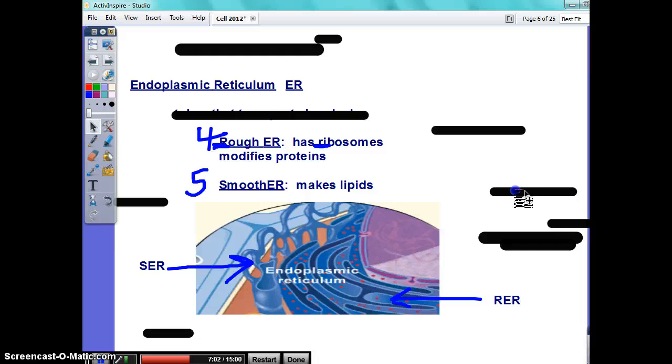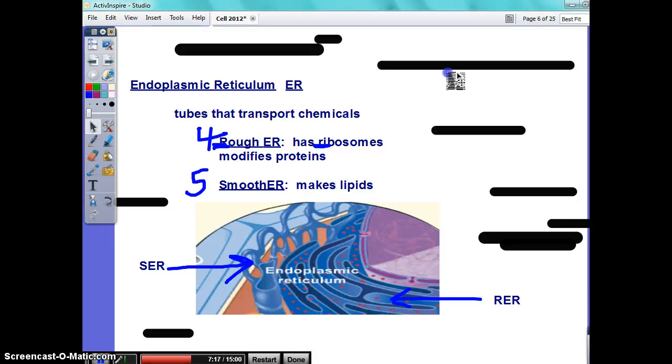What does it look like they're going to do? When you see their shape, what does it look like they are? What does their shape look like? They transport stuff around the cell. They're like tubes, and they transport stuff throughout the cell.